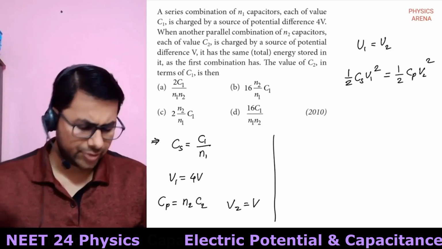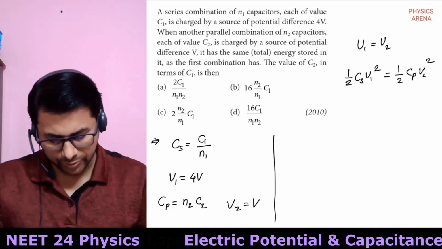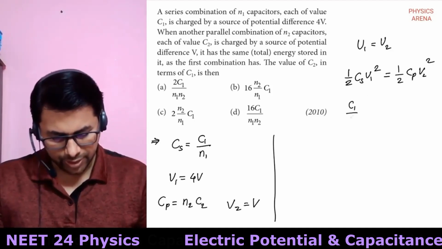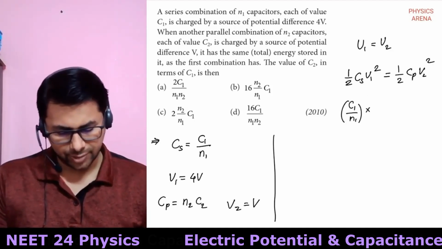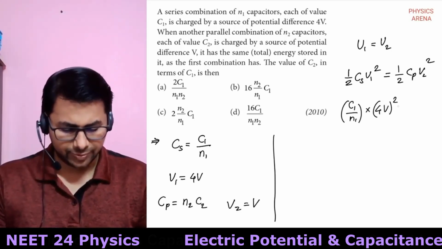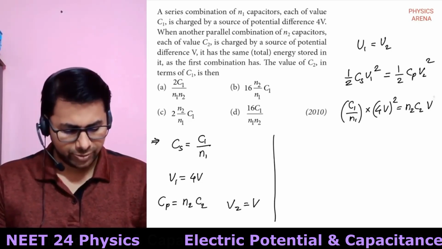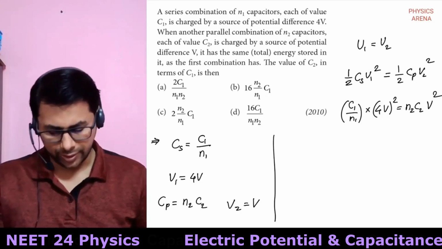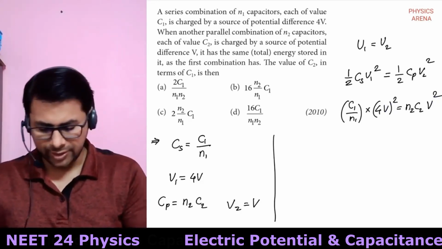Now let's substitute the capacitance and potential difference. So CS is equal to C1 upon N1 multiplied by V1 is 4V, 4V square, is equal to Cp is N2C2 times V square. V square will get cancelled and 4 square is 16.